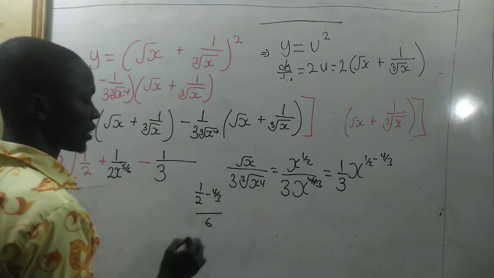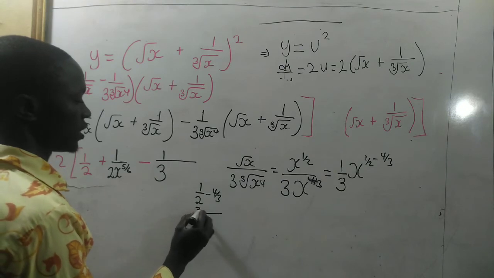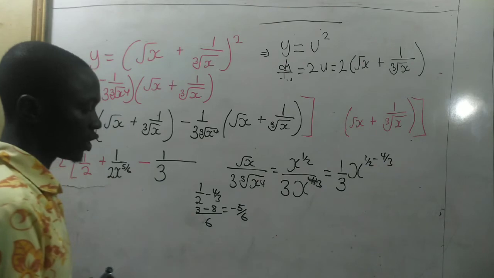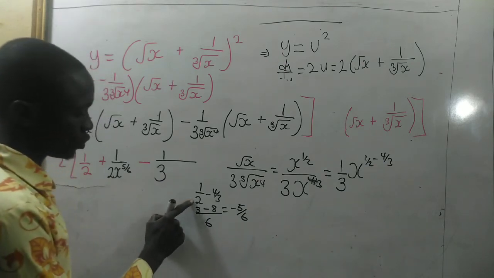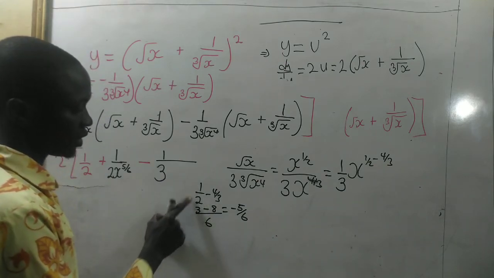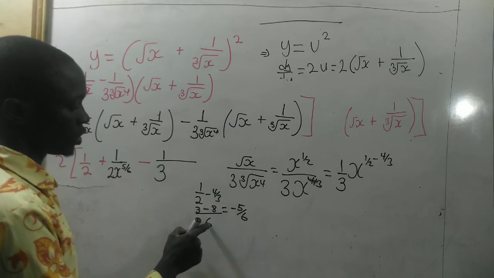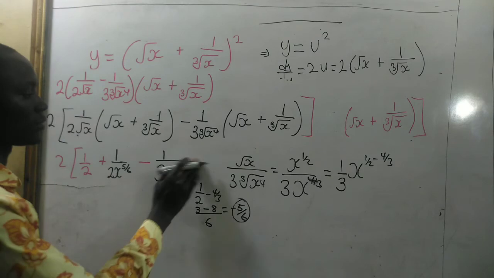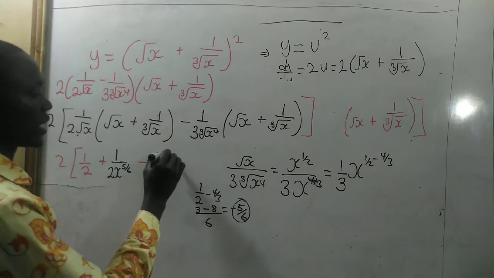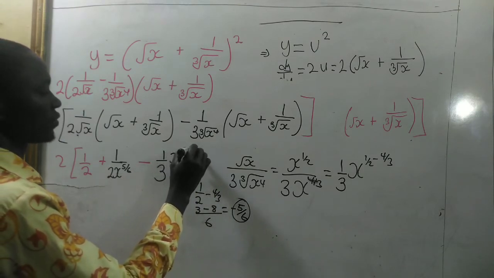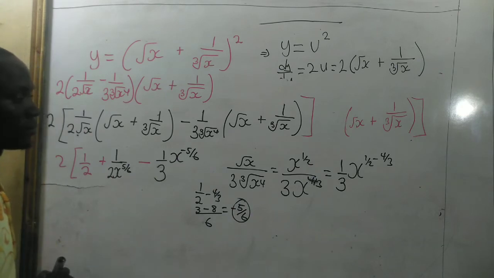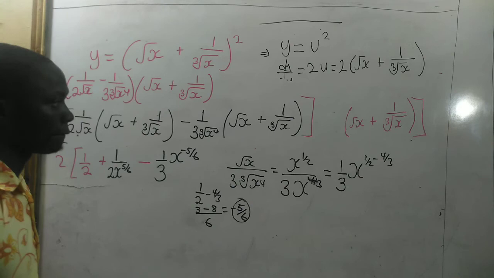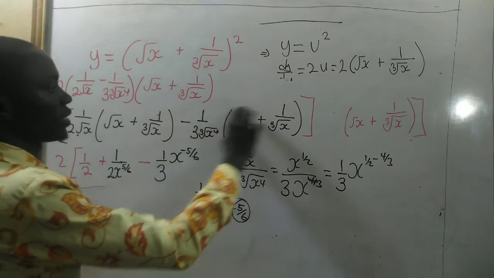The LCM is 6. So this will give me 3 minus 8, and that is minus 5 out of 6. I hope I'm correct. Yes. 2 will go here, 3 times this will give you 3. 3 will go into 6, 2 times this, so I'm correct. So we are going to have times x to the power minus 5 out of 6 at the top. Very simple as that.